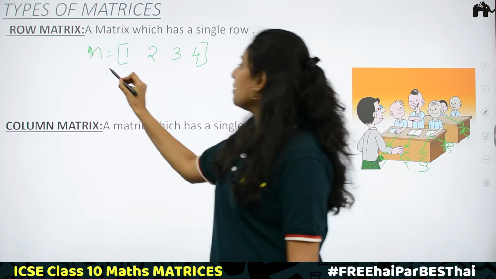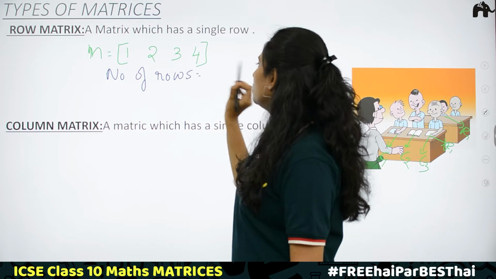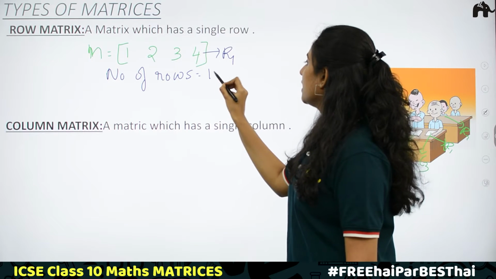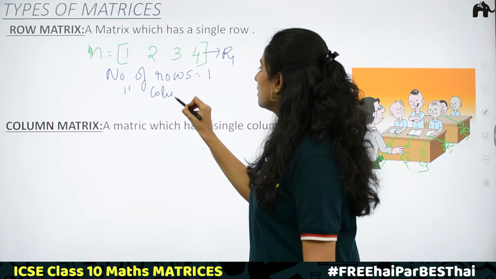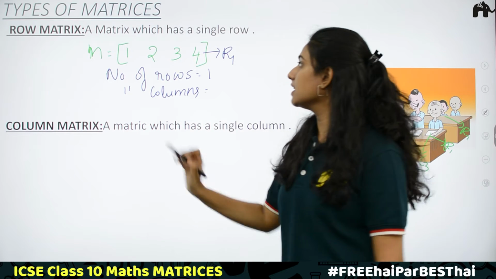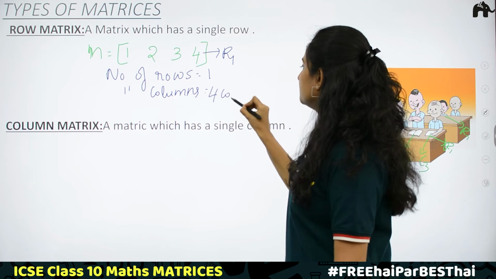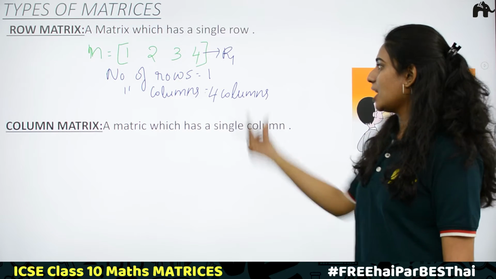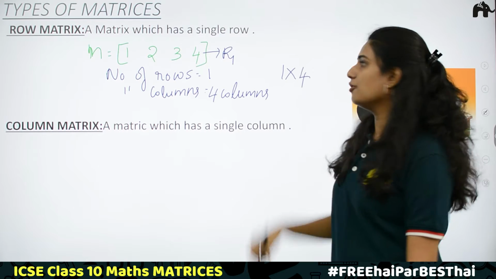Number of rows is equal to, there is only a single row R1, is 1. What about the number of columns? Number of columns is equal to 1, 2, 3, 4. 4 columns. What about the order? What is the order of this matrix? Number of rows by number of columns. 1 by 4 is the order.